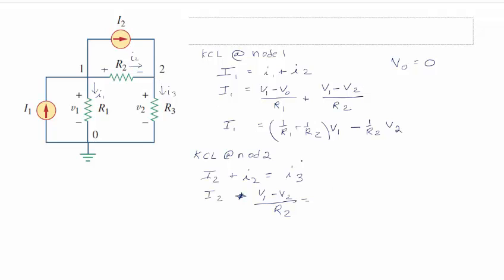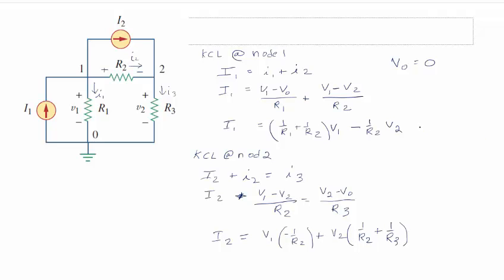I3 is V2 minus V0, which is 0, over R3. And so then I rearrange some terms here, and I get I2 equals V1 times minus 1 over R2, plus V2 times (1/R2 + 1/R3).